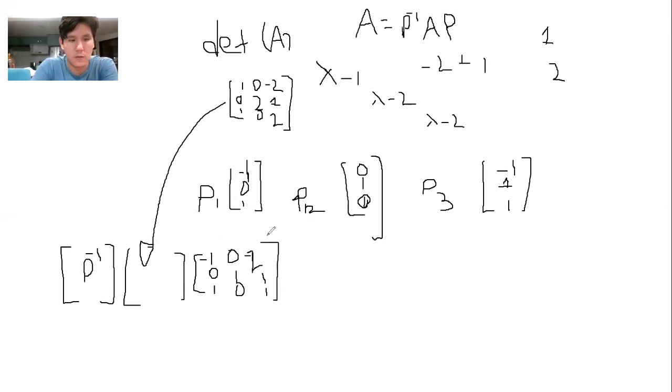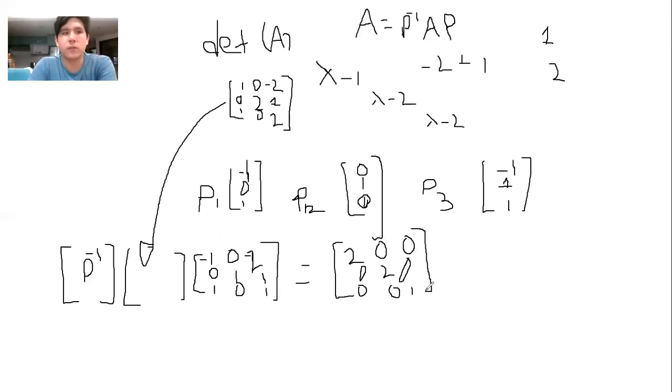So in this case, we can say that our final result is 2, 0, 0, 0, 2, 0, 0, 0, 1. So you can see that by multiplying these matrices, we get our final matrix.